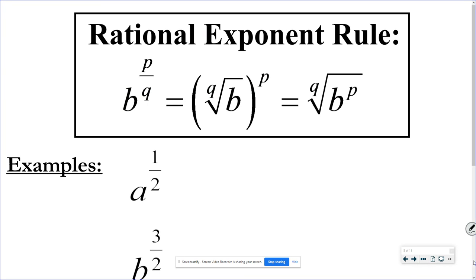Okay, you can also have a number other than 1 on the top of your fraction. And if that is the case, then this top number here is going to behave just like a regular power. So this is still going to be like a regular exponent, regular power on the top. And then this bottom number is just going to be the radical, like I explained in the previous slide.